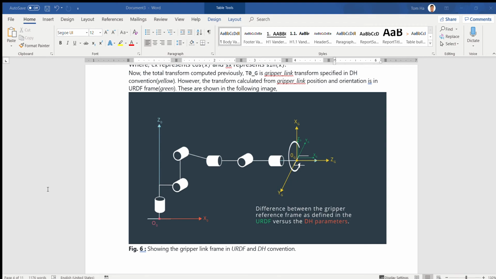So the total is T07 times T correction. Correction means Y and Z, because they need two steps to match the coordinates. So right here you have the transfer formula, and after that you can play with this matrix.